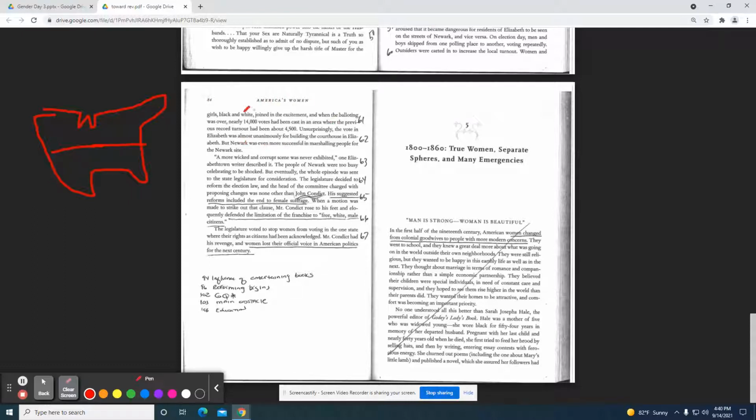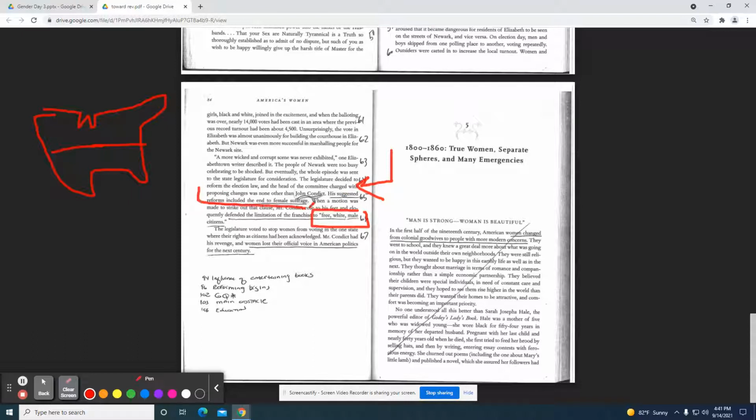So here they're looking at the state of New Jersey and how his suggested reforms included the end to female suffrage. So in the state, women are allowed to vote. And then when you get to this particular section here, they're basically arguing that we need to limit the vote. And here he talks about limiting the franchise to free white male citizens. So these are the people we want voting.